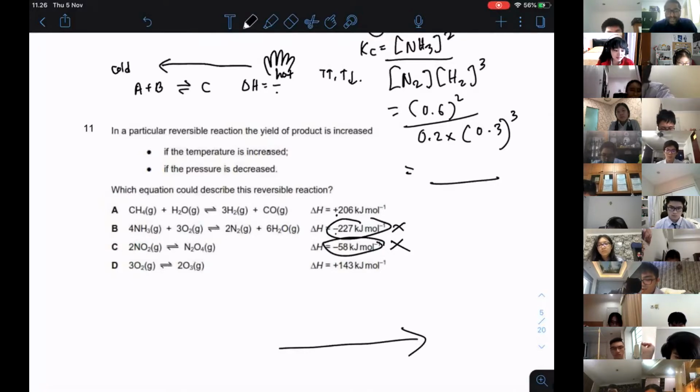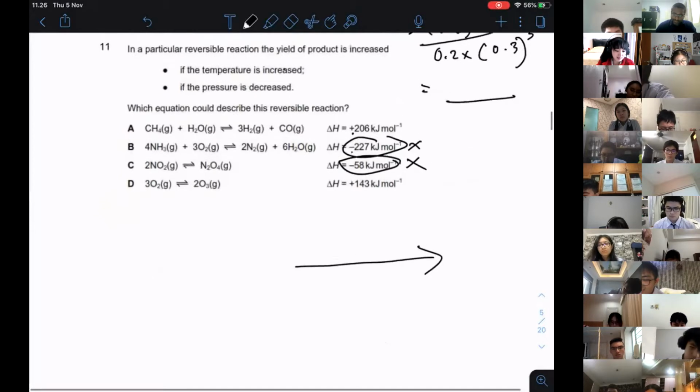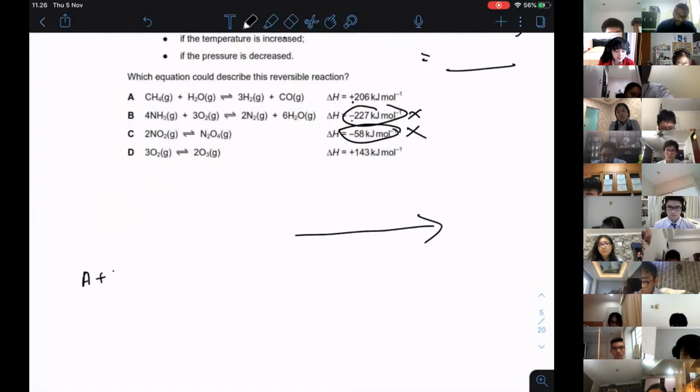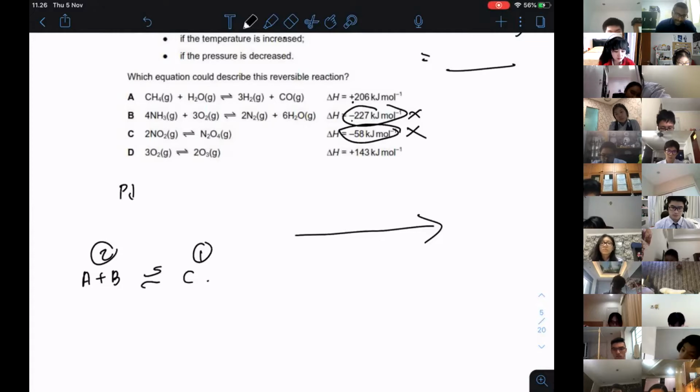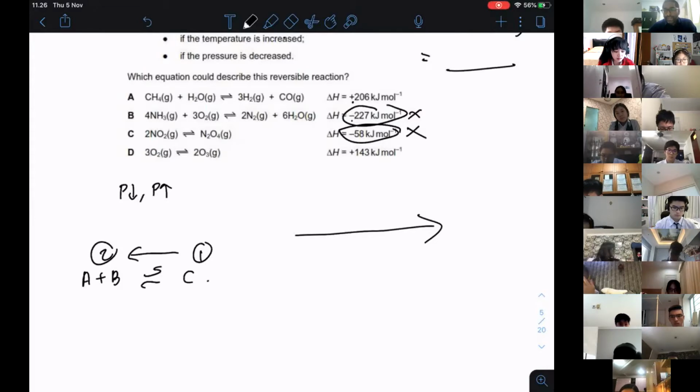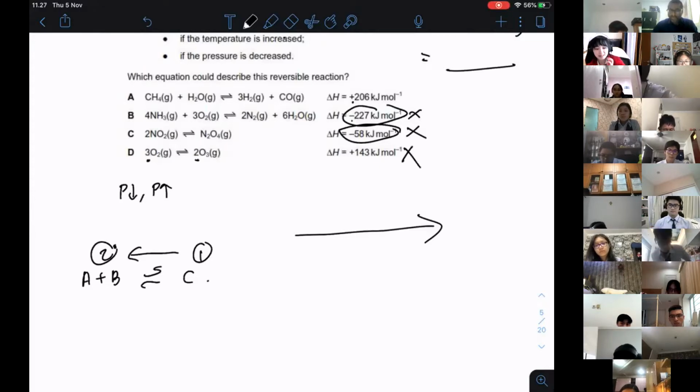The next part is pressure. Let's talk about pressure. A plus B to give C, 2 to 1 in number of moles. Let's say I try to decrease the pressure. When pressure decreases, I need to increase the pressure. How do I increase the pressure? By moving towards more moles, going to the left. It means I should not have a bigger number here.